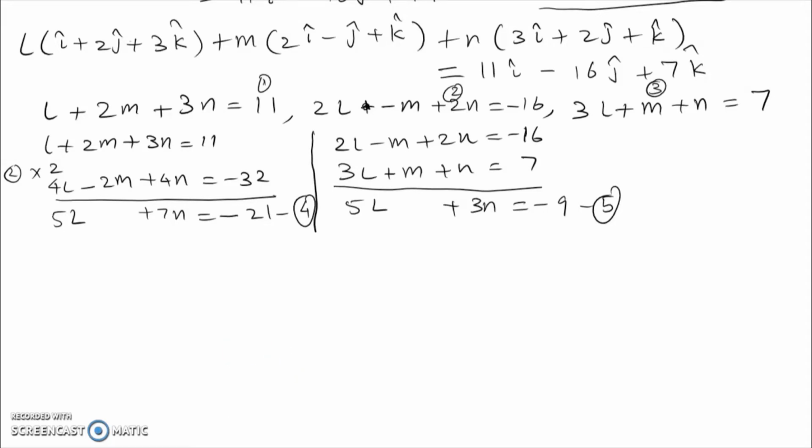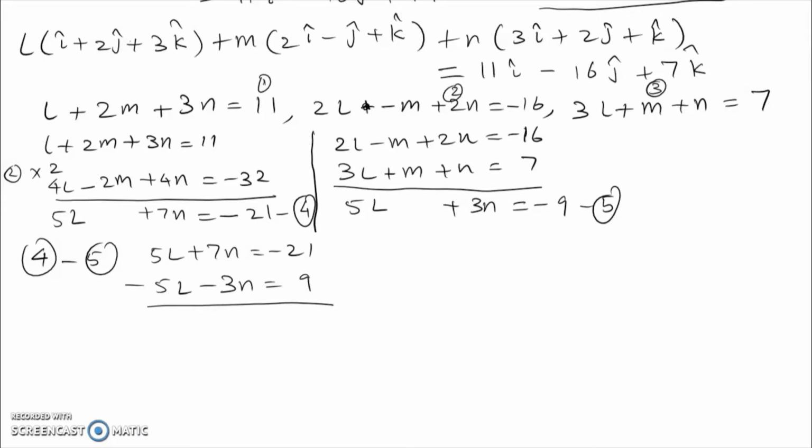Equation 5. So solving these two equations, or subtracting 4 minus 5, we get 5L plus 7n is equal to minus 21, minus 5L minus 3n is equal to 9.